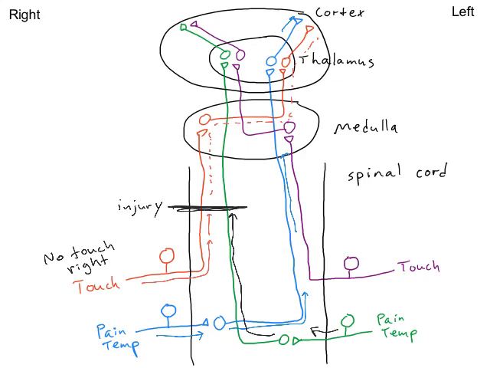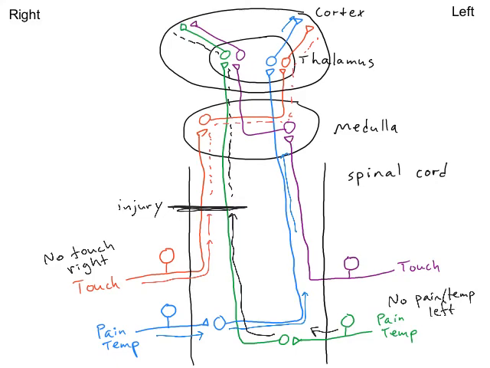And so this will not go up to the thalamus or the cortex. And since the cortex is not receiving that signal, you're not going to be able to perceive pain and temperature from the left side, right? So that's the key here. So no pain or temperature stimuli will be perceived on the left side.